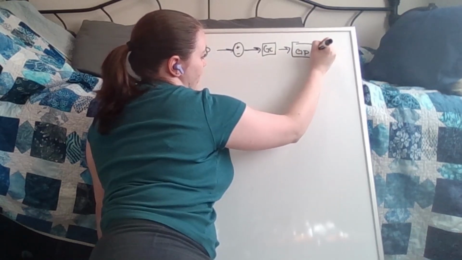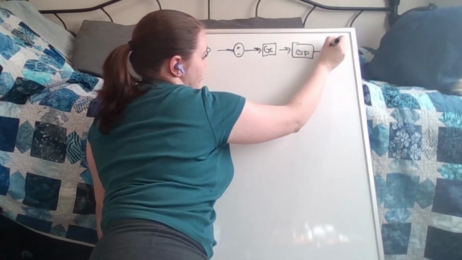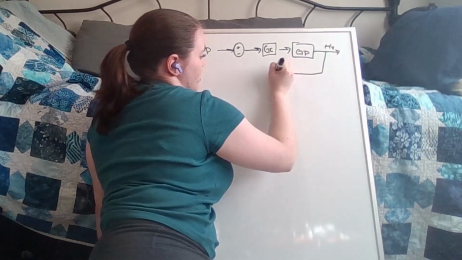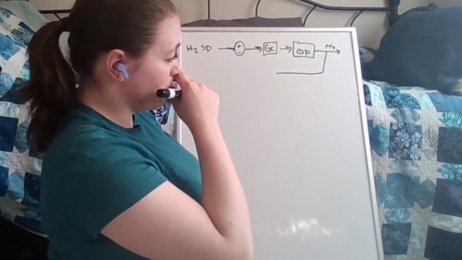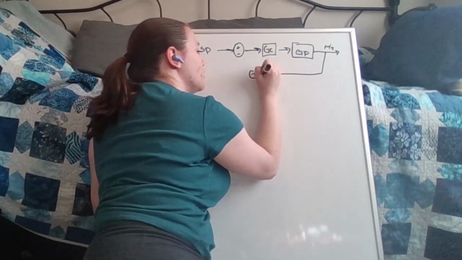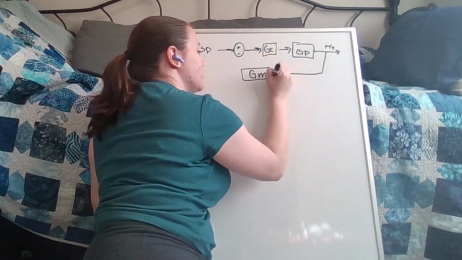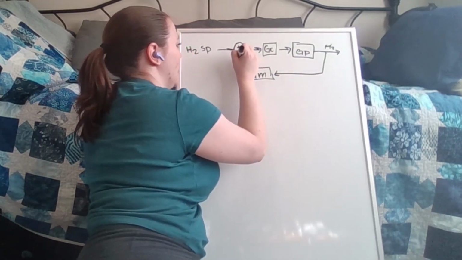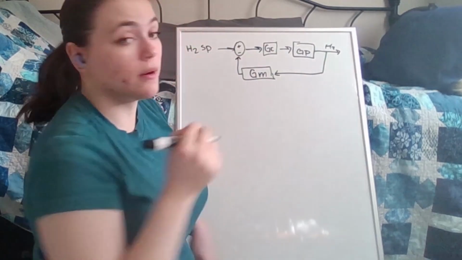and it's going to come out, and that is H2, and that's when we bring this around, and then we go into our measuring, which is our GM, and then it's going to come back out and into that plus or minus.